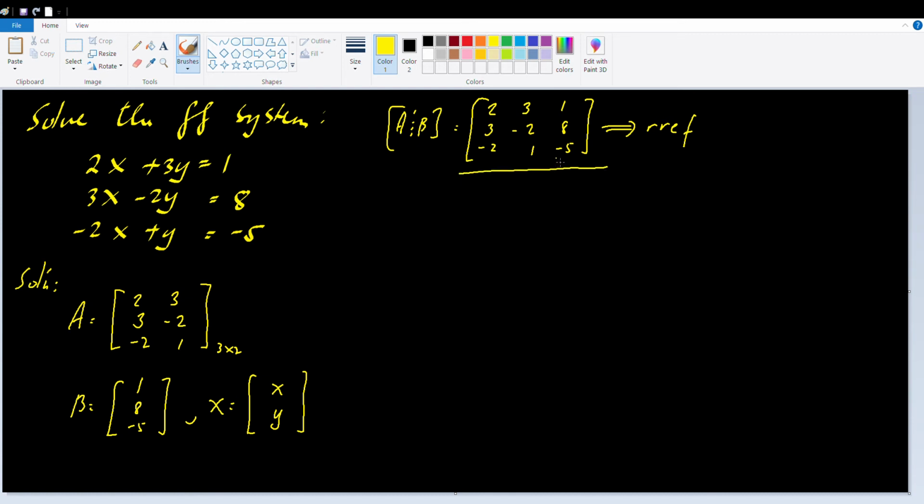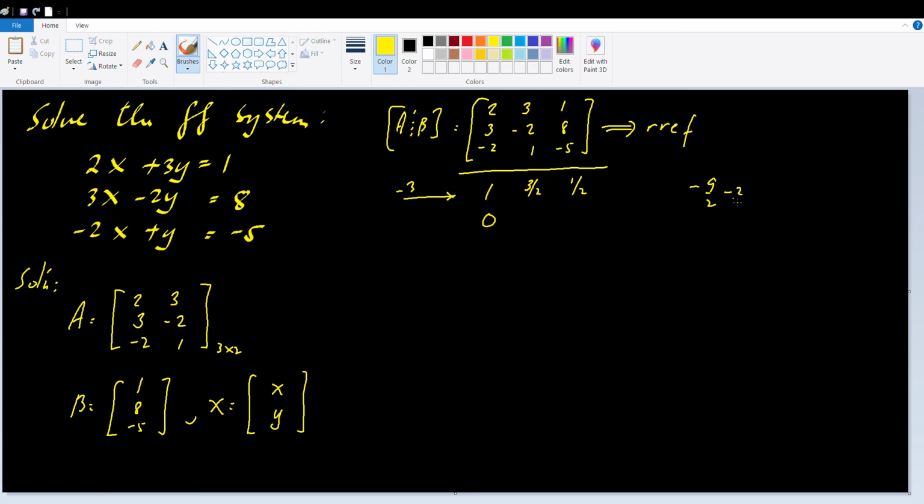So we can start with 2. So we can divide this by 2. That will be 1, 3 halves, and 1 half. Then we shall multiply this by negative 3. Negative 3 times 1 and 3 is 0. Negative 3 times 3 halves is negative 9 halves minus 2.